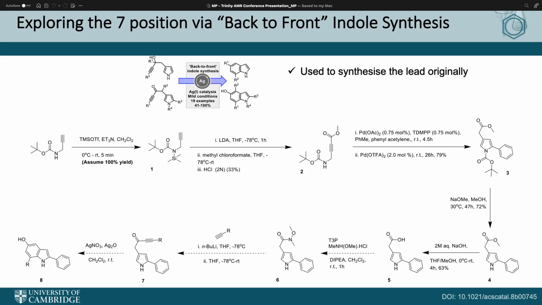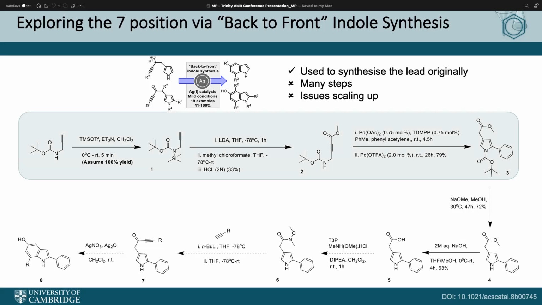The more steps you have, the more material you need at the start to have a usable amount of your end compound. And although this was a really interesting route with some really interesting chemistry, we just found that there were many issues scaling up this route to get to our final compounds. And there were just many steps involved, which of course added time and difficulty. And particularly these first few steps were creating a real bottleneck in our synthesis.